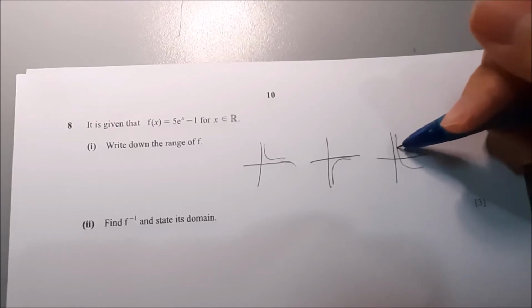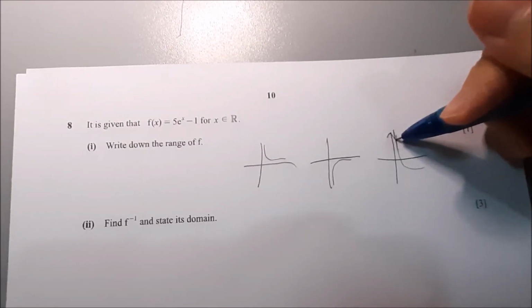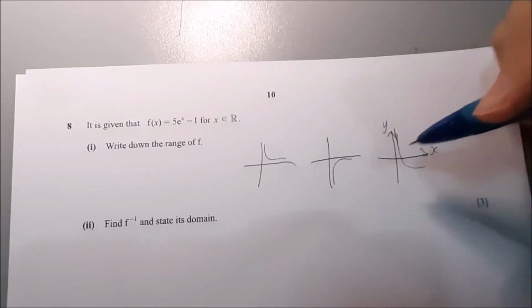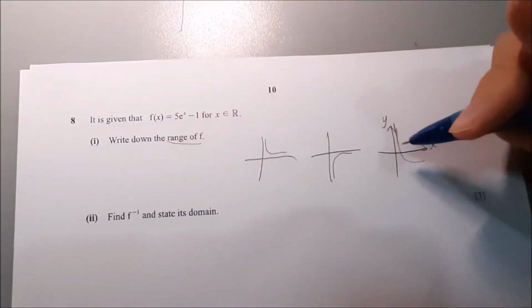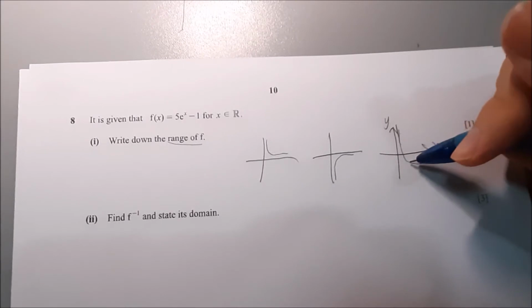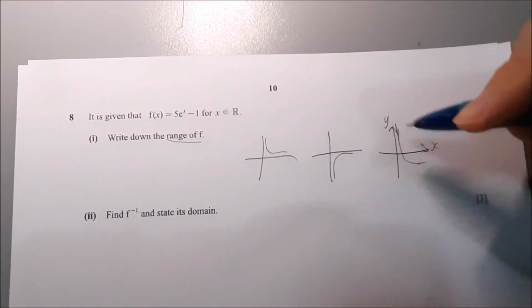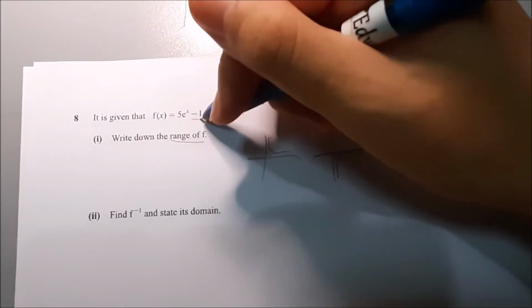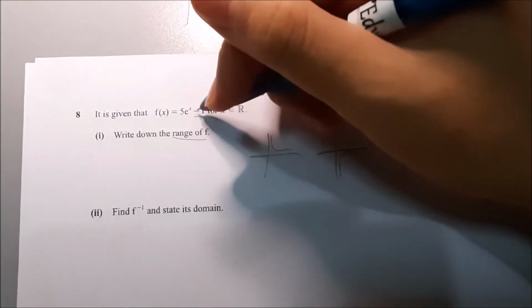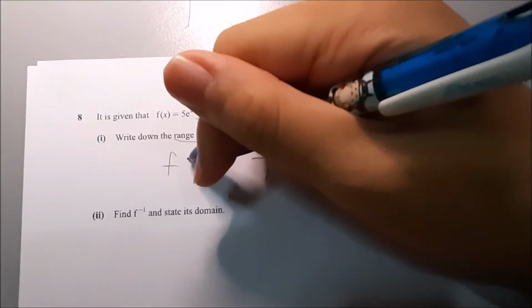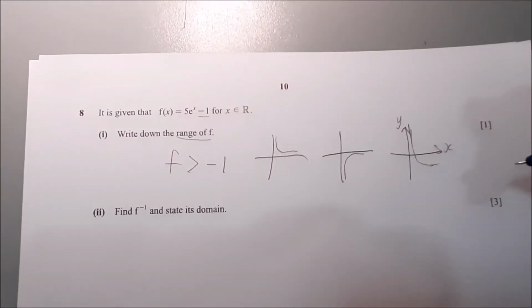As you can see, there is no ending to the y-axis, and since it's asking for the range, which is the y part of the graph, and since the y-intercept should be minus 1, the range is f is bigger than minus 1.